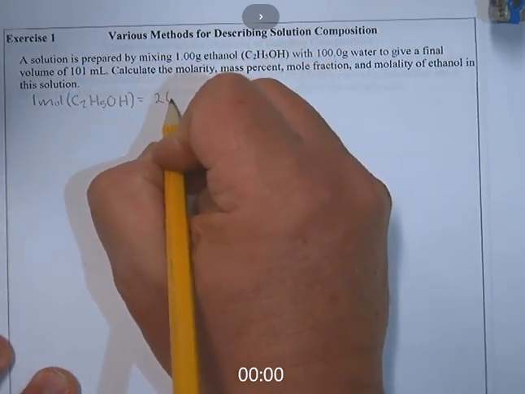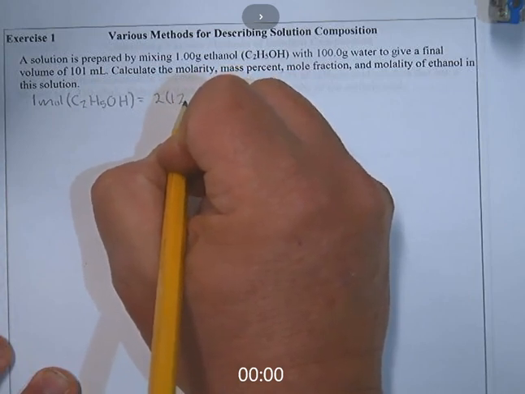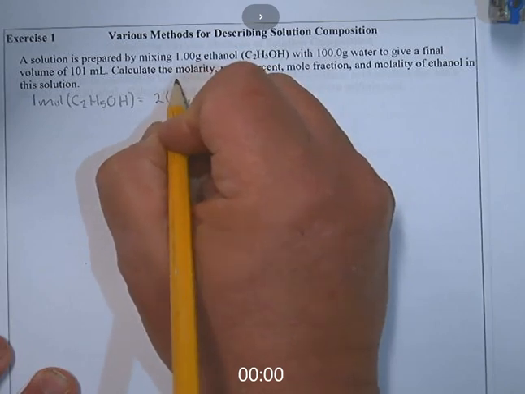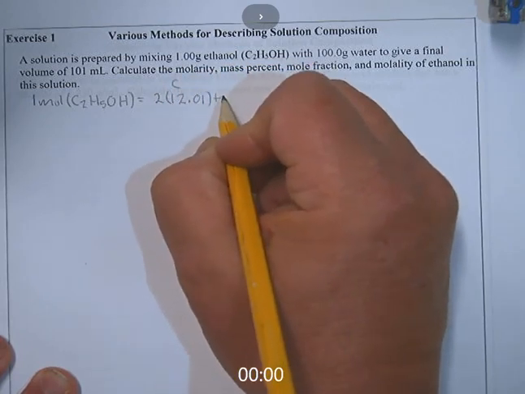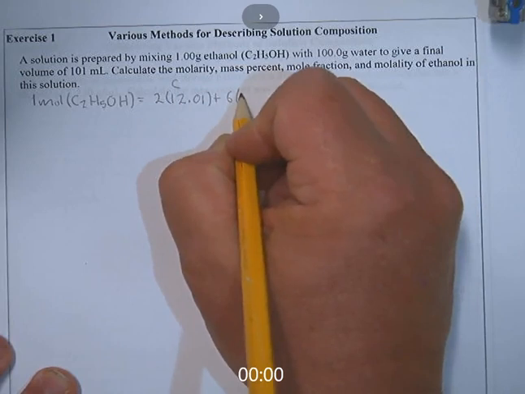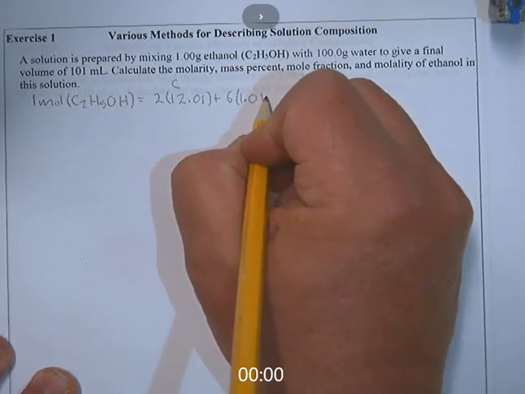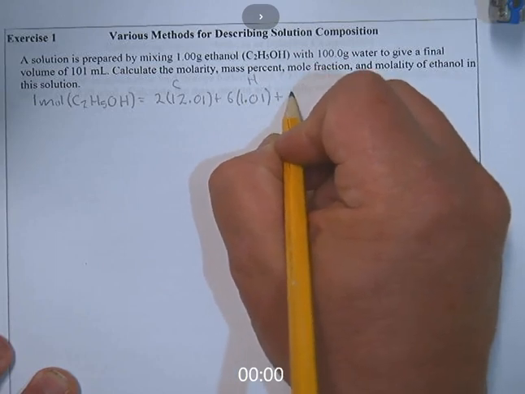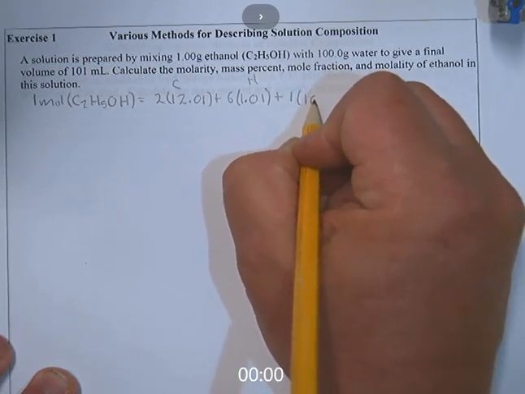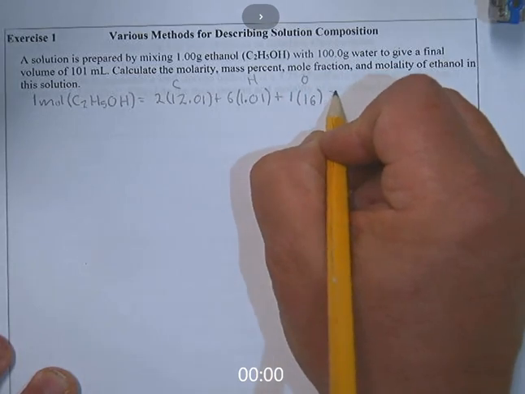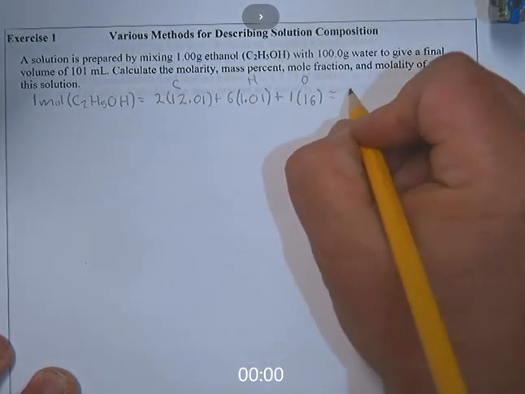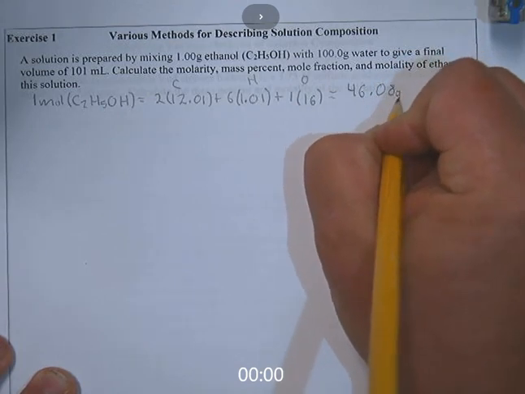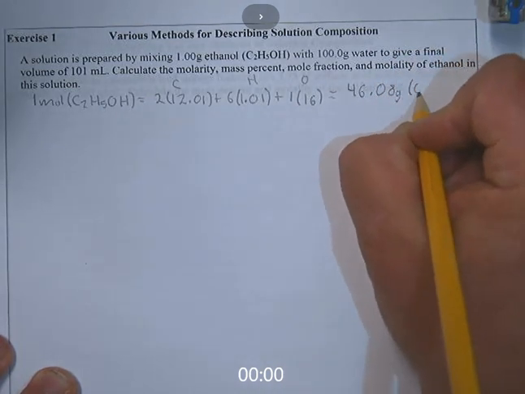It's 2 times 12.01 grams, this is for carbon, plus 6 times 1.01 grams, that's for hydrogen, plus 1 times 16 grams, that's for oxygen. And when we add all those up, we get 46.08 grams of ethanol.